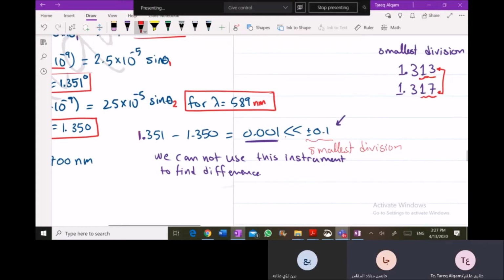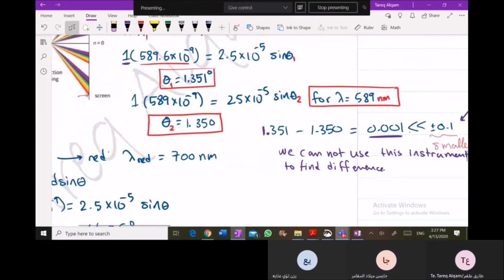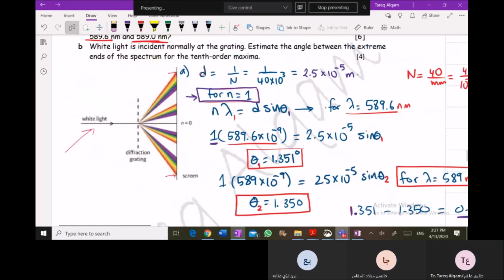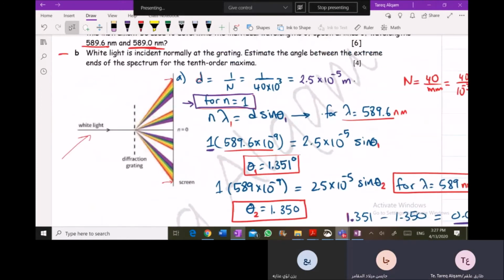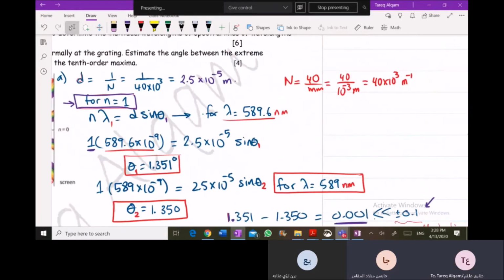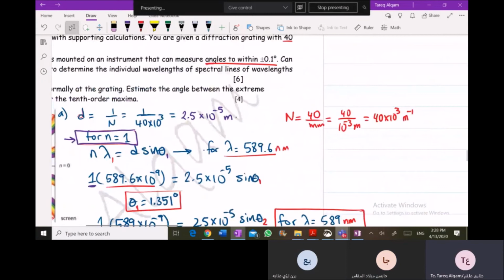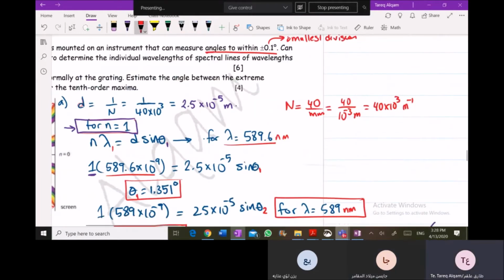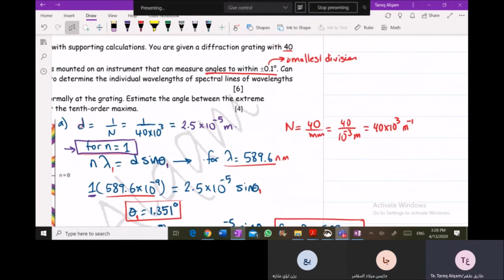Perfect. Answer B. Professor, but can you measure it with another instrument? Of course yes, but the question says using this instrument, with this angle as the smallest division. In case of measuring length I can use a vernier caliper or micrometer.